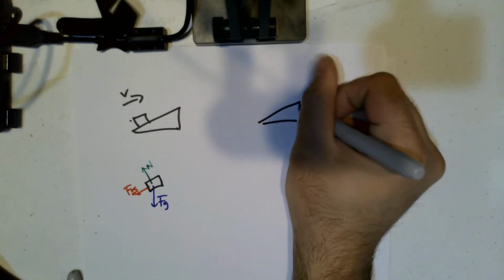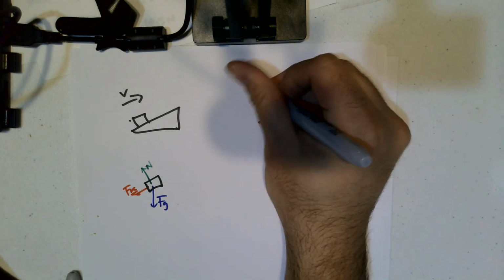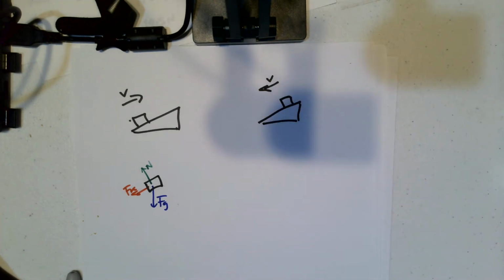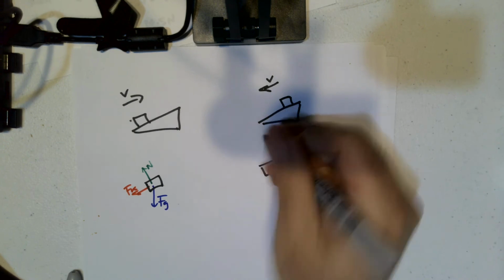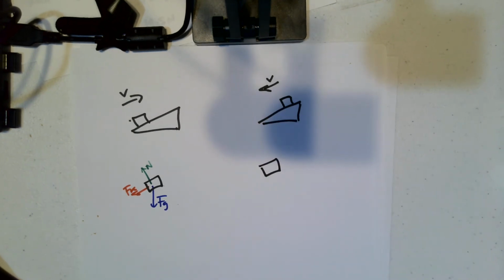And then on the way back down, let's take a look at what's happening here. It's got a velocity direction that's that way. This can be tricky, because we have the same types of forces in play.